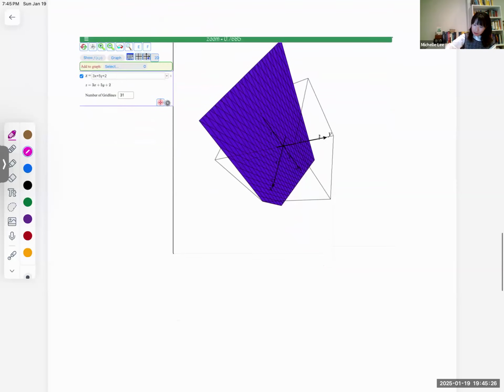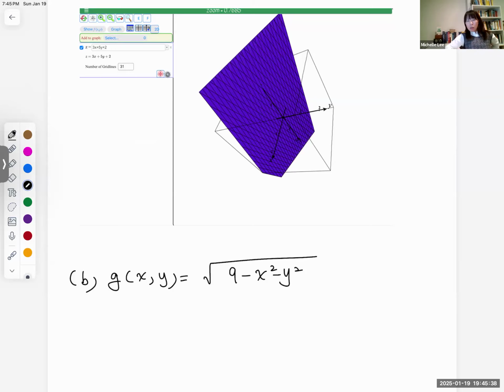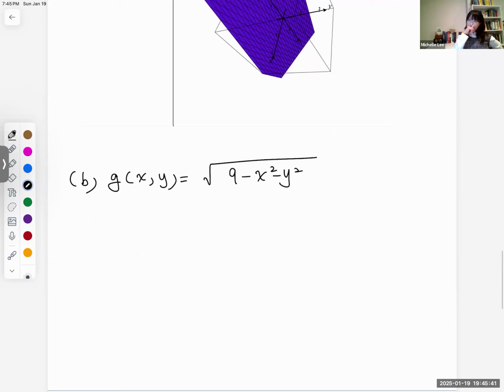How about the second question? g of x, y equals the square root of 9 minus x squared minus y squared. Okay, so let's think about it from the previous course.